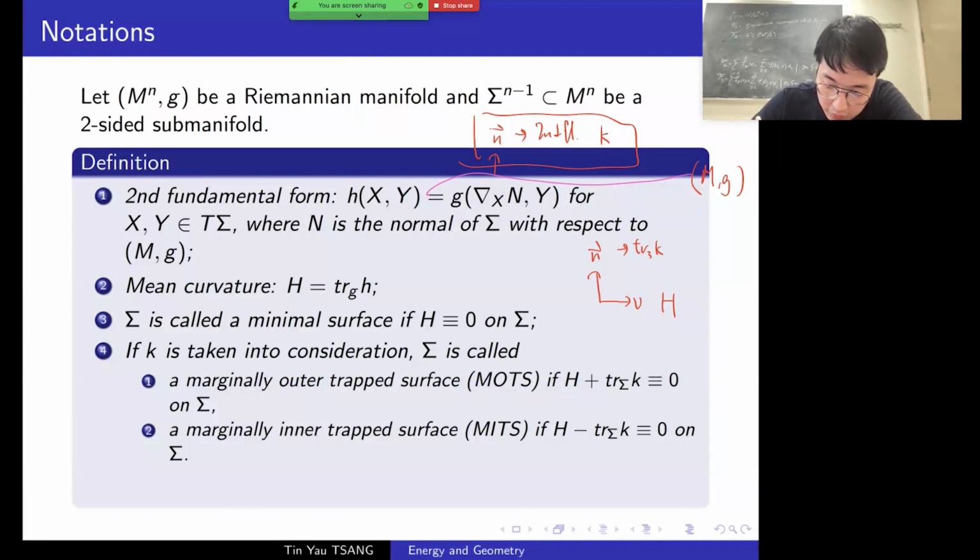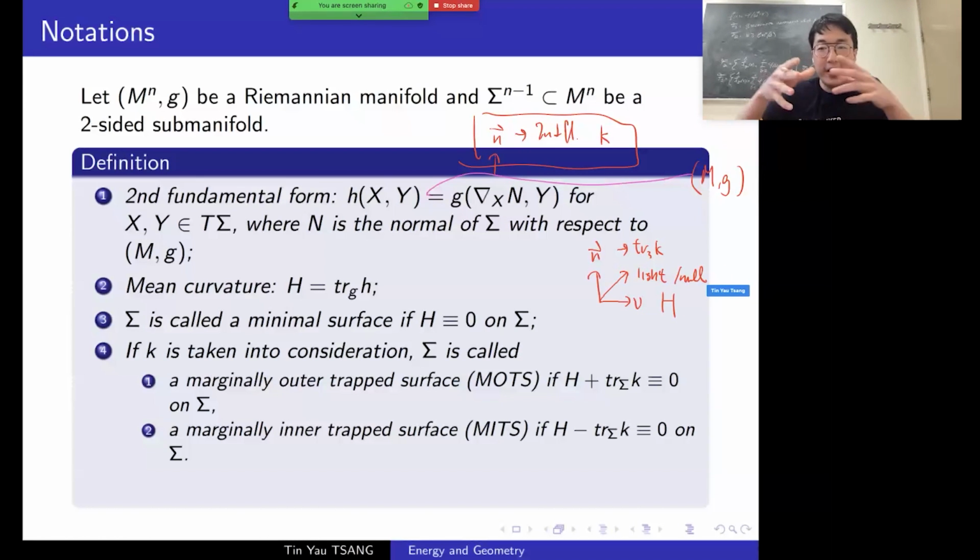It means that along the direction of this diagonal, which is a light, of course a null direction, the area cannot change at all. Which means there's so much gravitational force or attraction that even light cannot escape. So in physics, we call this surface an apparent horizon.